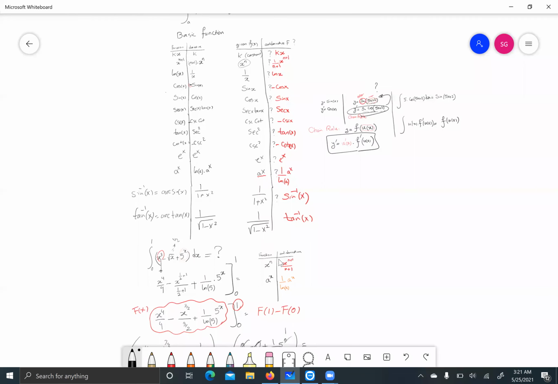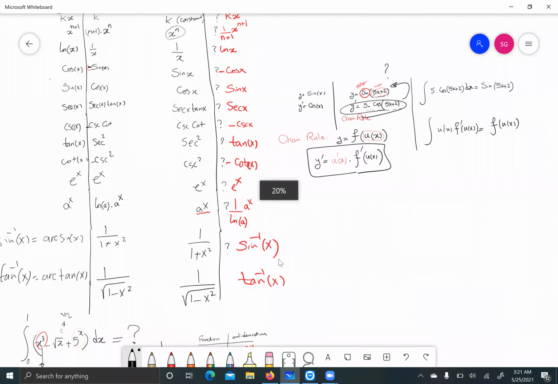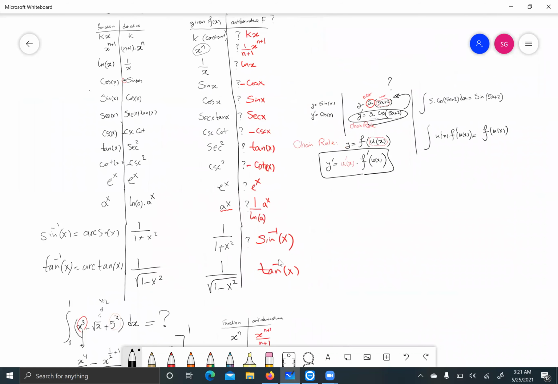Using this table, we can say what the antiderivative is for these basic functions, such as x to the n. You are given x to the 5th, you say the antiderivative is x to the 6th over 6. So if the function is one of these basic functions, you can just figure the antiderivative using this table.